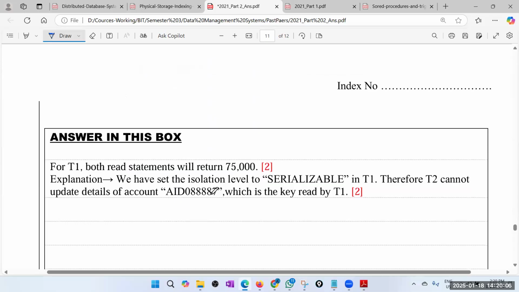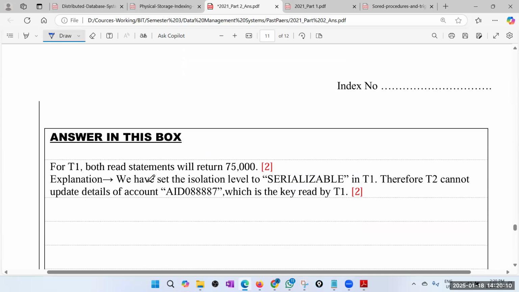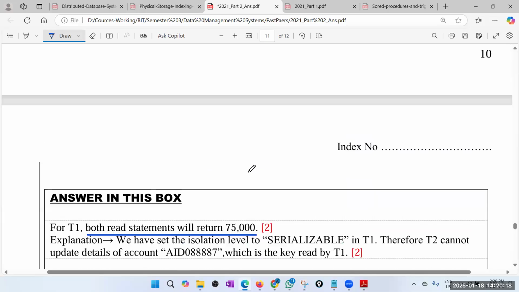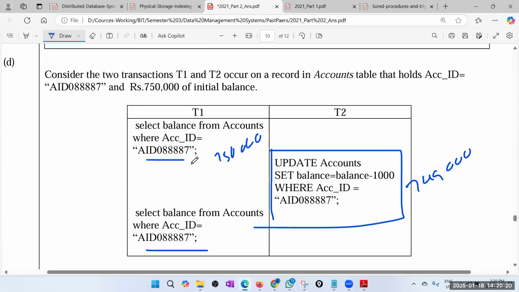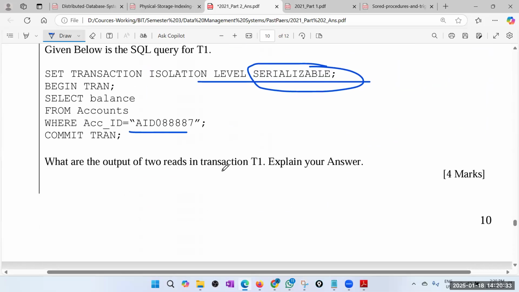Both statements will return 750,000, because that is how it should work. Because it's serializable, it must be equivalent to one of the serial schedules. So in both cases you have 750,000. Nothing changed.